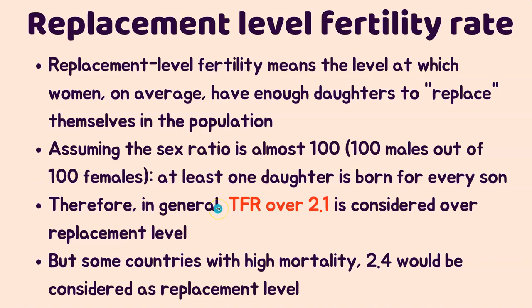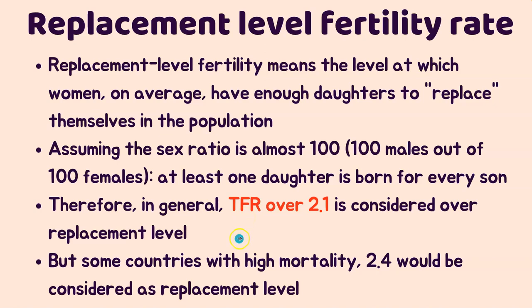So if two adults meet to make a baby, on average the woman would need to have 2 babies, and it's a little bit higher than 2 because there are unexpected deaths of children during delivery, or infant death rate and other childhood death rate. So a little bit higher than 2.1 is the replacement level, which means if they have about 2.1 babies as TFR, we can replace or maintain the population based on the birth rate.